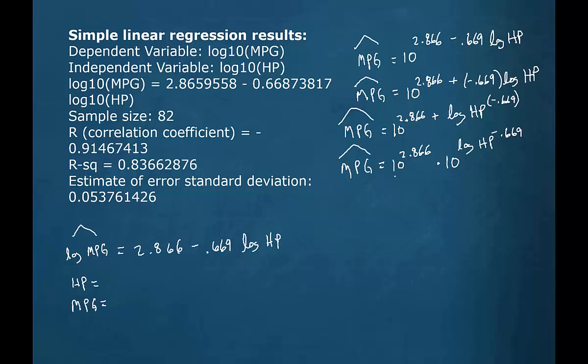Now we can go ahead and get ourselves an estimate of what this value is, 10 raised to the 2.866. So we'll have the predicted miles per gallon will be equal to, and if we round this to 3 decimal places, we'll have 734.514.